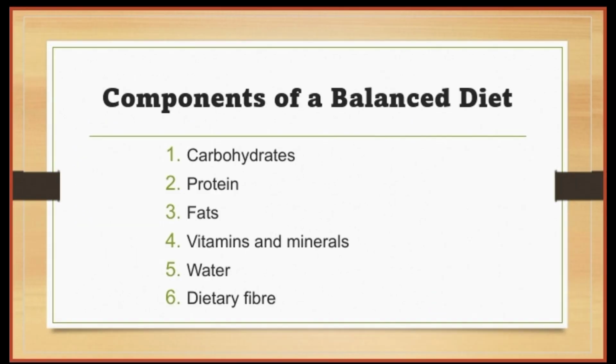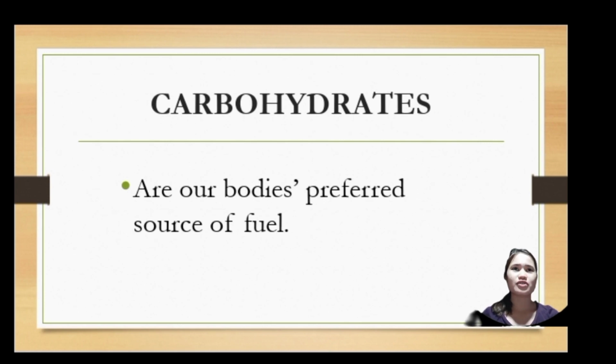The components of a balanced diet are carbohydrates, protein, fats, vitamins and minerals, dietary fiber, and water. Carbohydrates are a vital source of energy. They comprise about 60% of an individual's diet.